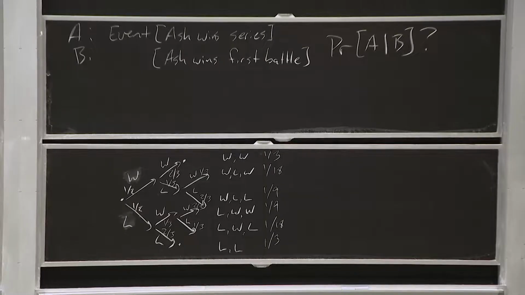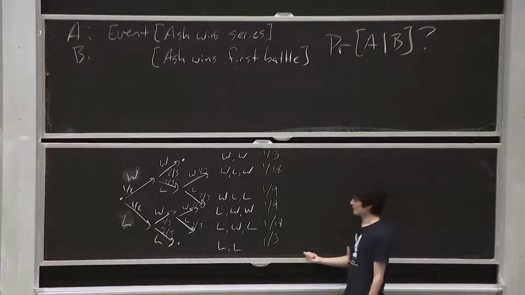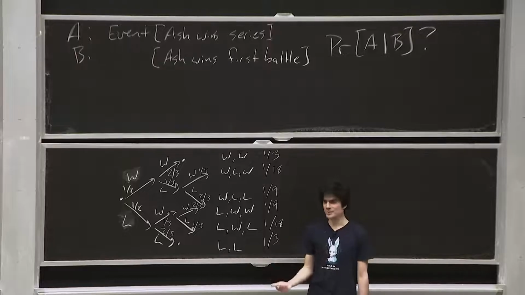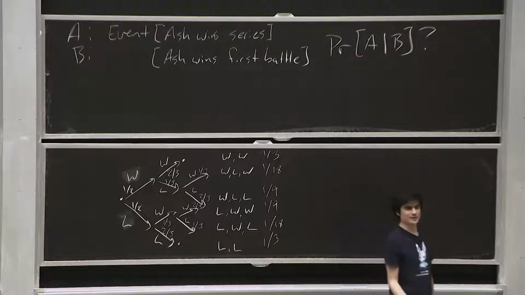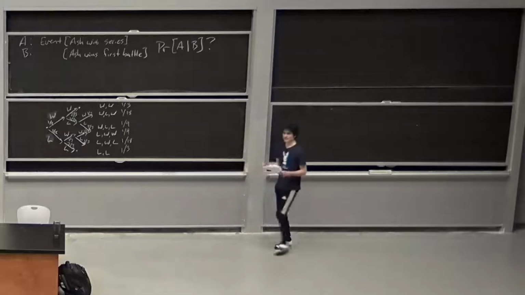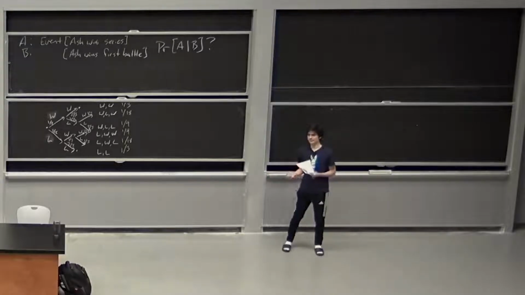Okay. So we've got our tree diagram, we've got our sample space, we've got our probability function. What's the next thing we need? Do we remember?